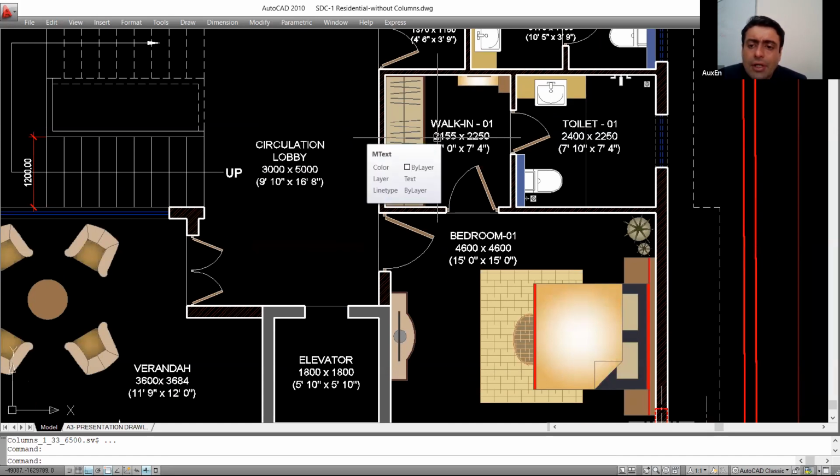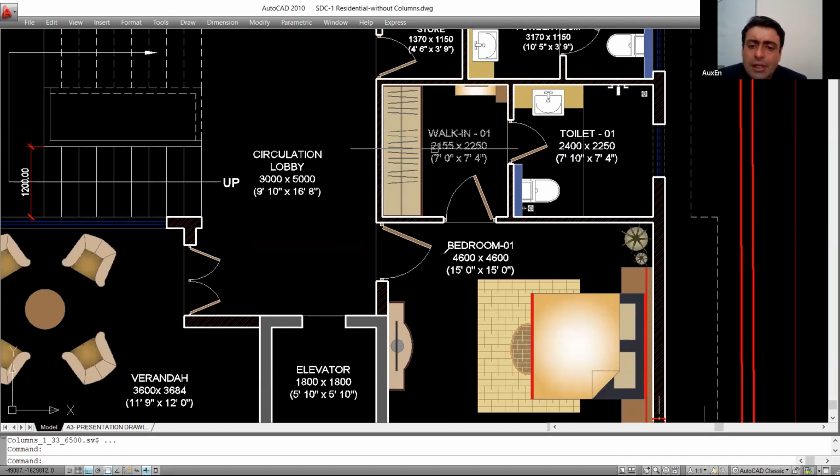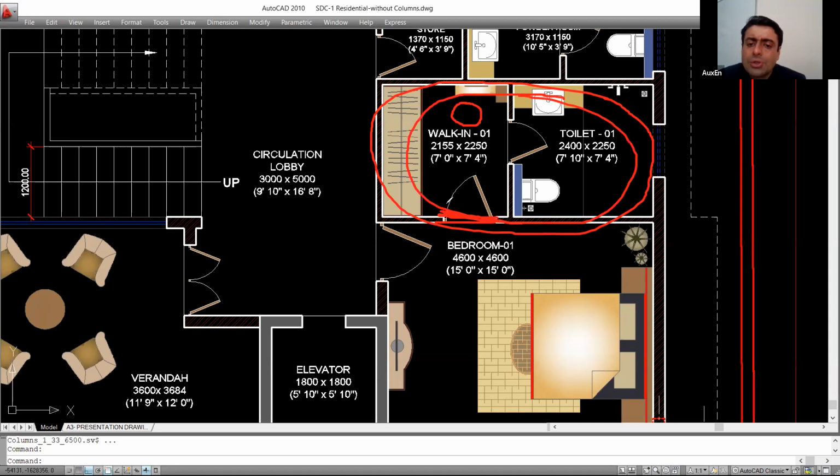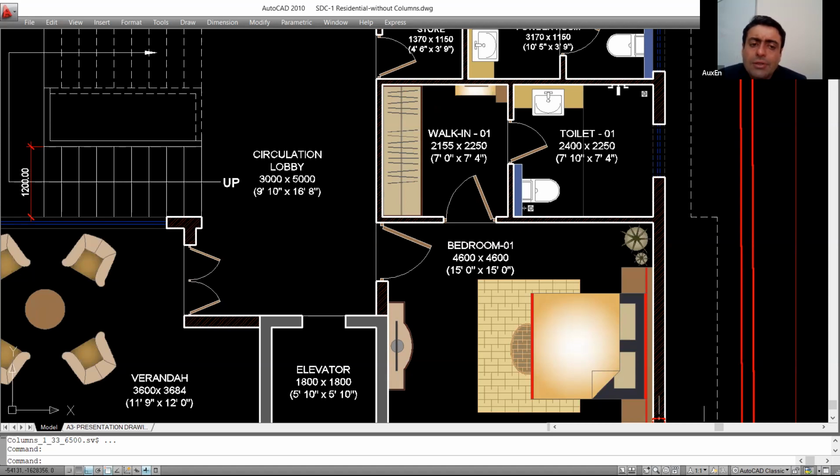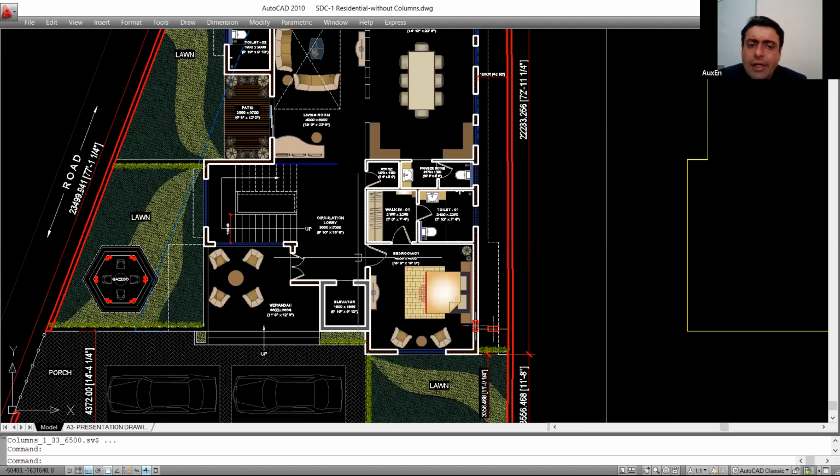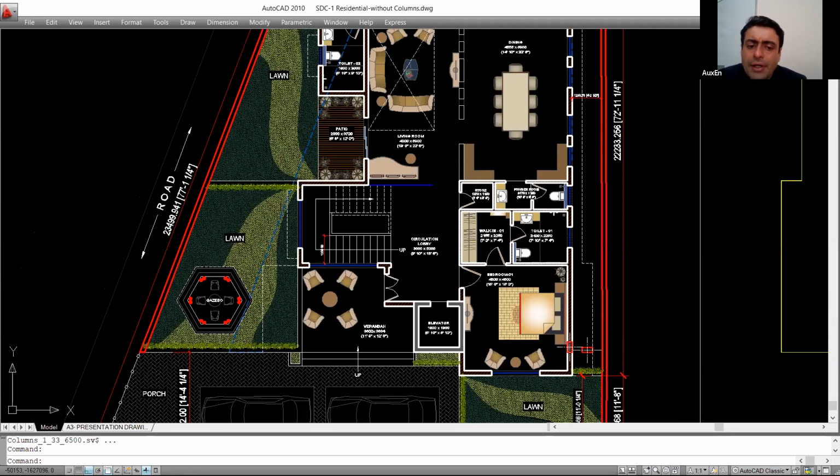The advantage of this walk-in closet is that you can just shut this door, and then you have this entire space for yourself. So you have a combined dressing table plus walk-in closet plus toilet. This entire space becomes one when you close this door. So walk-in closets are preferred by clients who have space.